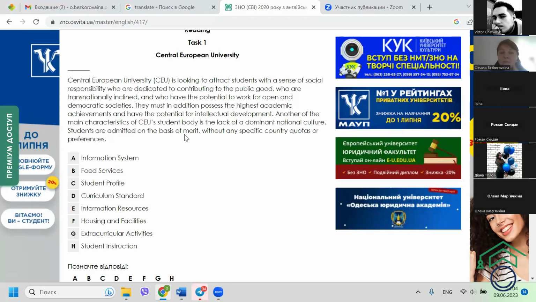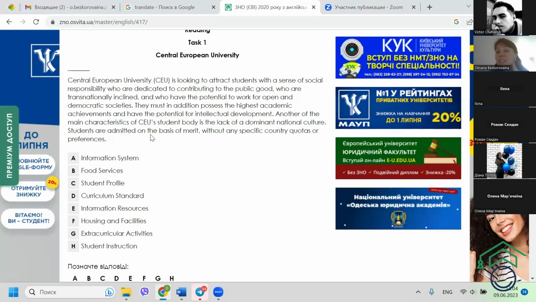Another of the main characteristics, we pronounce CH as K here, characteristics, of CEU's student body is the lack of a dominant national culture.